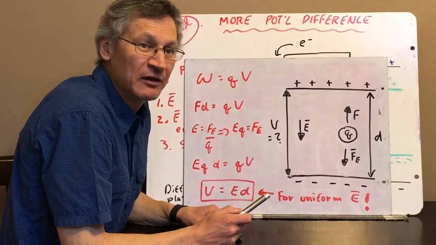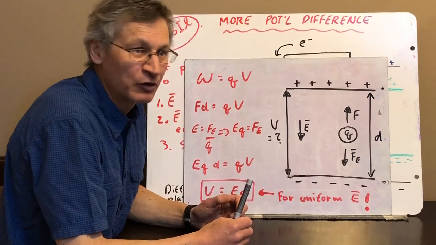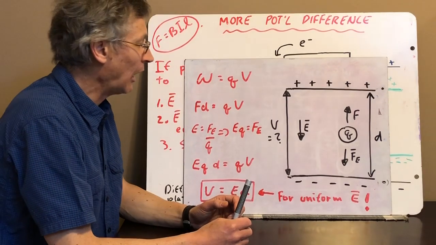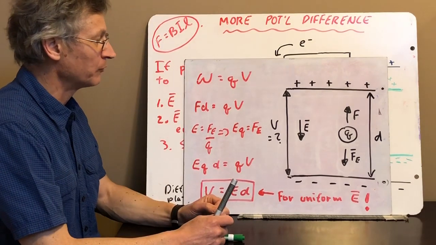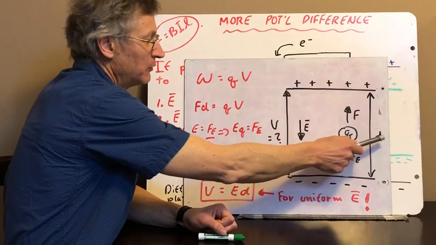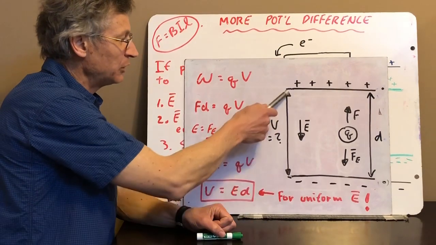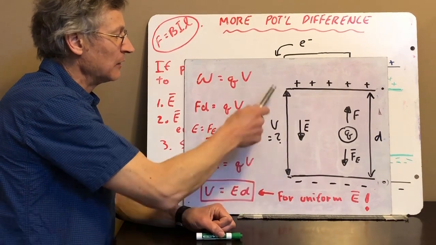We did that yesterday, but yesterday we did it with very specific numbers. Today we're going to do it in more general terms. So, two plates separated by some distance d, there's some electric field between them. What's the potential difference between these plates?